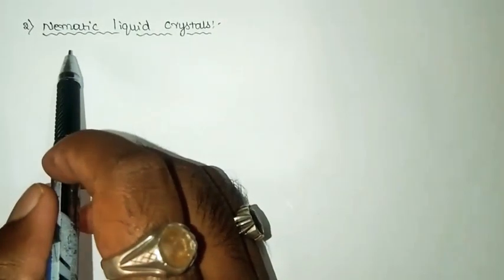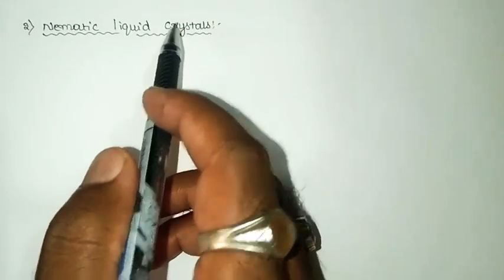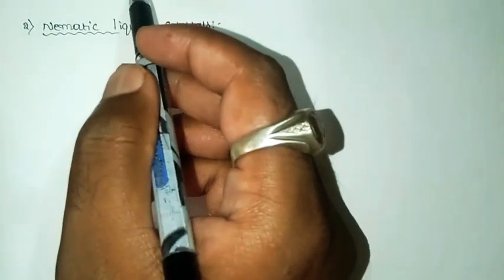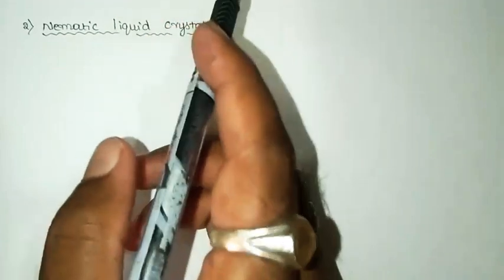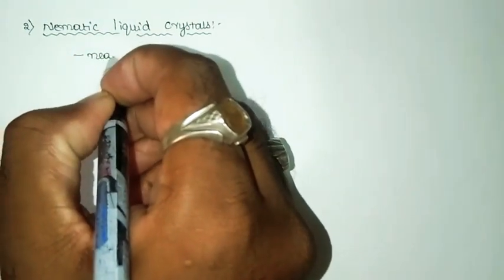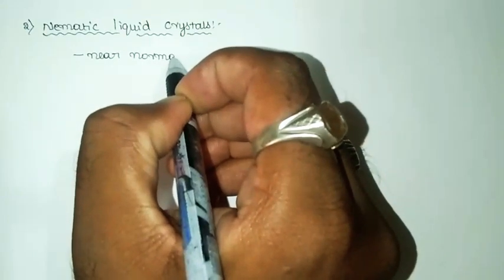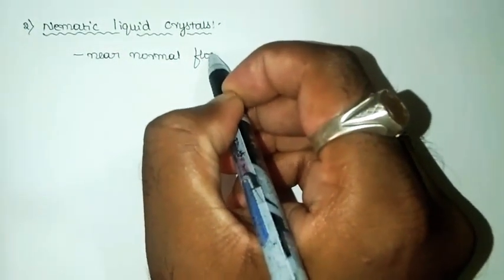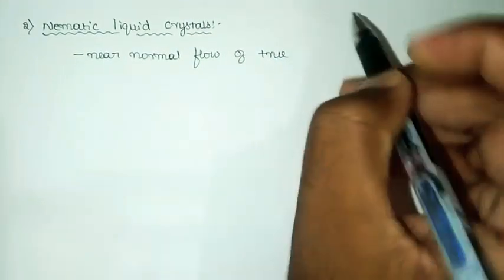The second thermotropic liquid crystal is the nematic liquid crystal. These nematic liquid crystals show fluidity almost near to true liquids, but not exactly like a true liquid. They show near normal flow of true liquids, but not exactly.